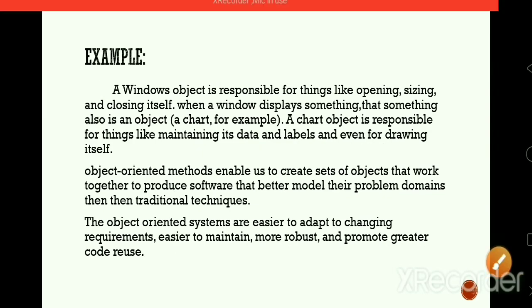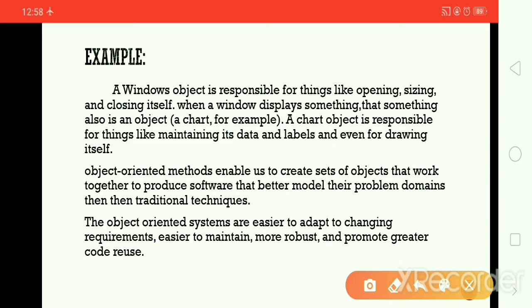For example, a window object is responsible for things like opening, sizing and closing itself. If you open any window on your computer, for example the paint application or file explorer, the file explorer window is an object and it is responsible for opening, sizing and closing itself.